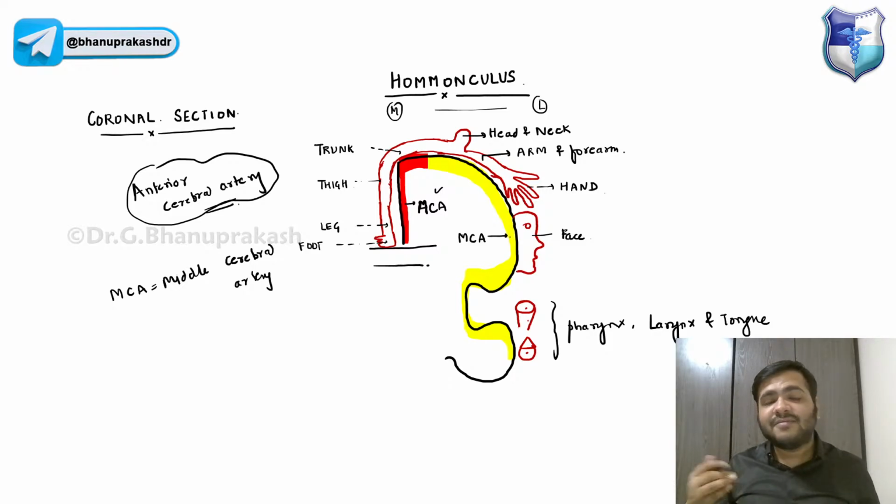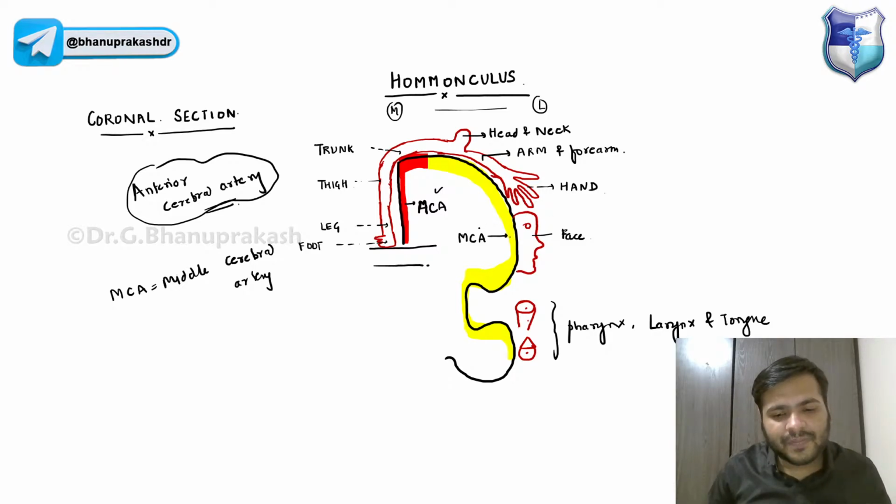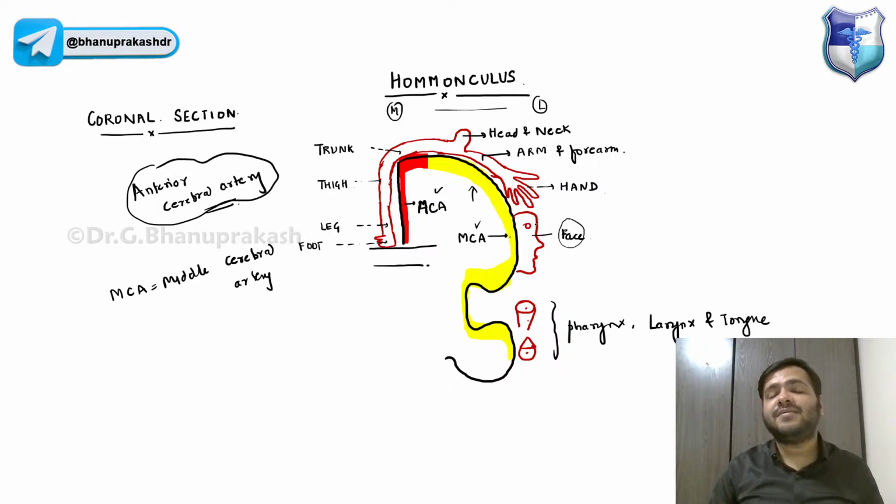Now, guys, if there is a middle cerebral artery stroke, you already know it is supplying the superolateral surface, the lateral part also, right? Now there will be contralateral paralysis of the face. If there is a stroke of the right middle cerebral artery, then the left side of the face will be paralyzed, right? Obviously, the left side of the hand will be gone too, right?